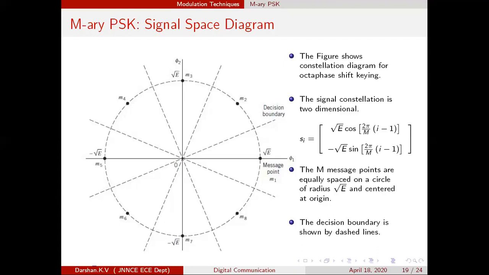Transmission has been done, reception has also happened, and you have converted the received signal into a point. Now remember, we are worrying about the error probability. Because of the noise, if the received signal, instead of falling in this particular sector, falls in the sector belonging to M2, then there would be an error in the decision.